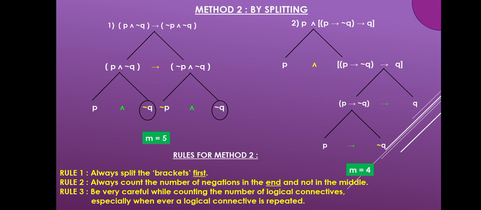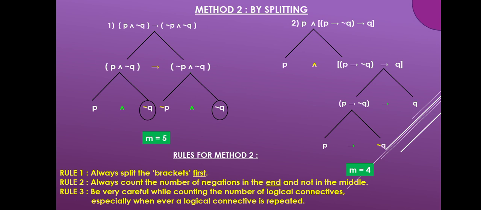Here, the second statements are identical, that is, not Q, but the first statements are not identical. Since both the connected statements must be exactly identical to count that logical connective as 1, both the ands will be counted separately. Remember that till now we have 3 logical connectives in total, which are 1 implication and 2 ands.